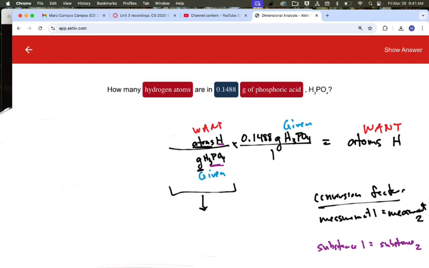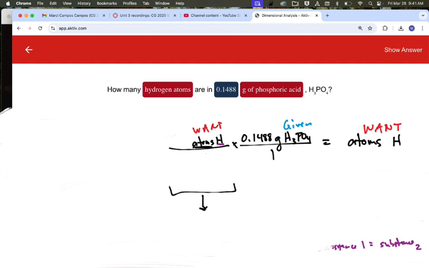Okay, I'm going to go through and start with the atoms of hydrogen because I'm selfish and I want what I want as soon as I can get it. Okay, so I want atoms of hydrogen. I'm going to have to relate that to something else. And in particular, I want to relate it to my phosphoric acid because I know something about the phosphoric acid.